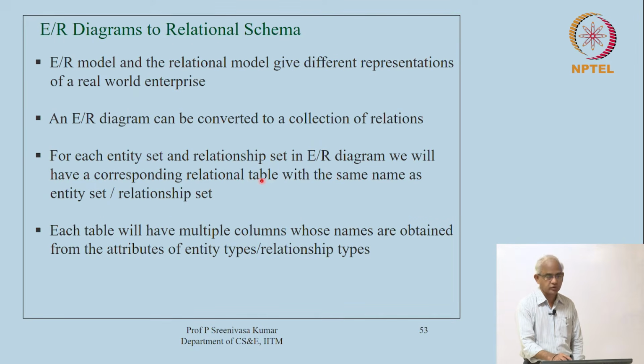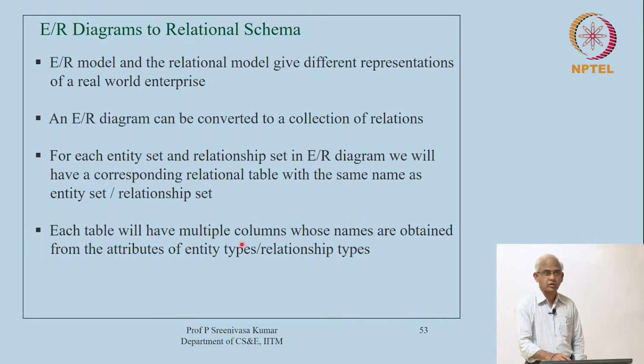So, let me use this word table in this set of slides to make it very clear that we are talking about relations. Now, the relational table has the same name as the entity type or the relationship set. So, that is the basic approach, and then each of these tables will have multiple columns.